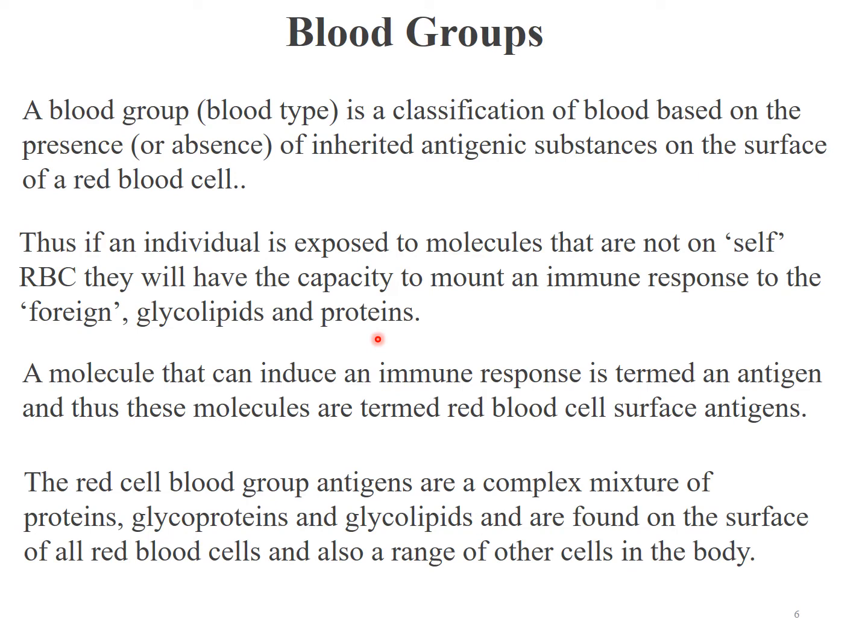That's because glycoproteins serve as the antigen. An antigen is a molecule that can induce an immune response, and it's actually an abbreviation for antibody generating or antibody generation. For red blood cells, the surface antigen could be a mixture of proteins, glycoproteins, and even glycolipids.